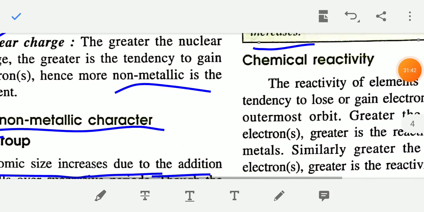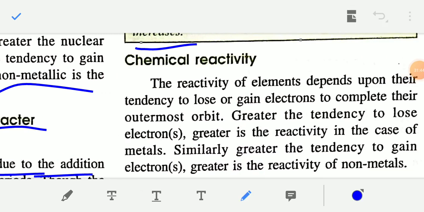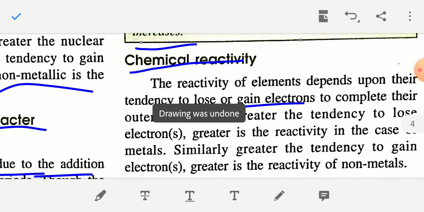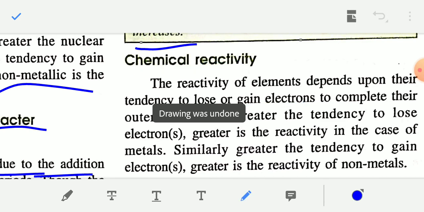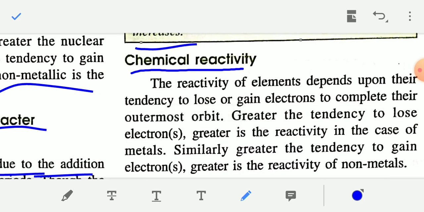chemical reactivity. The chemical reactivity of elements depends upon their tendency to lose or gain electrons to complete their outermost orbit.